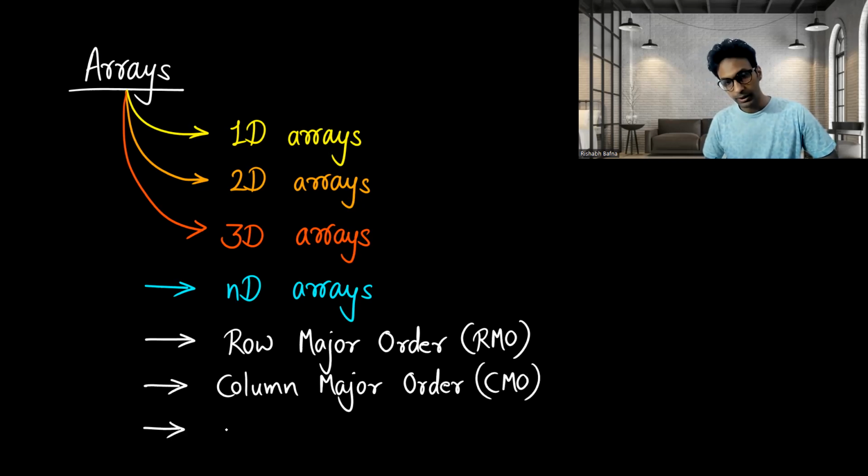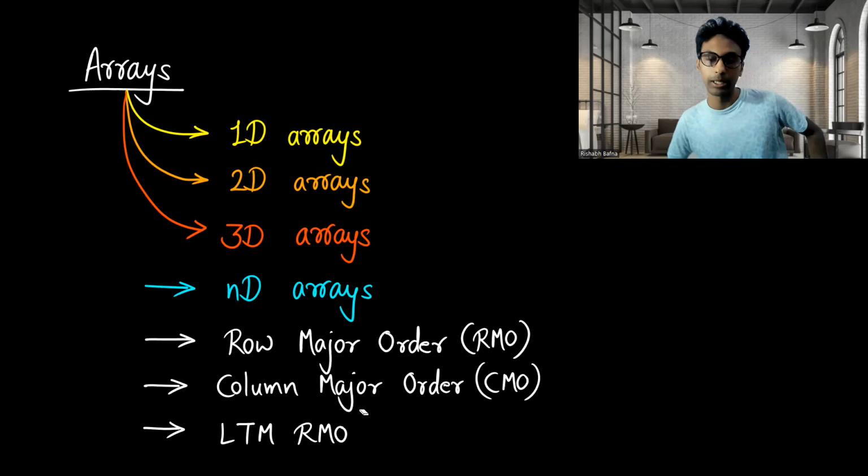And finally, we'll see lower triangular matrix, RMO. So this concept is also sometimes asked. Fine. So we'll deal with all these things, but let's get started with first 1D arrays.